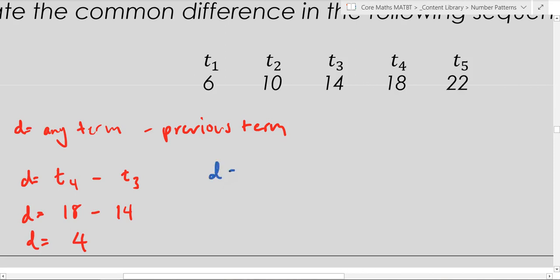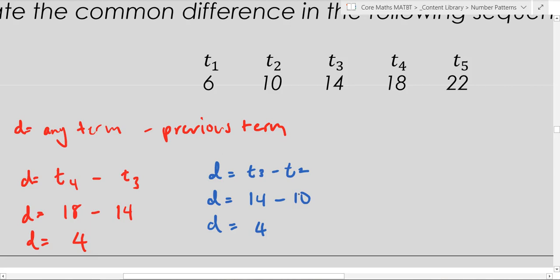So to check it, we're going to do another term, and then we're going to test it. So we might go term 3, take away term 2. Okay, to test it. So term 3 was 14, take away 10. Therefore, the common difference is 4. So see how it's the same, 4 and 4.